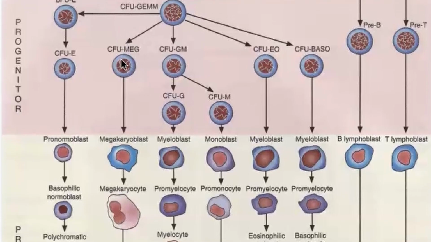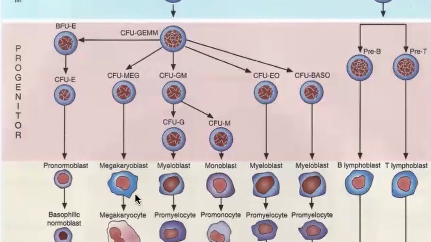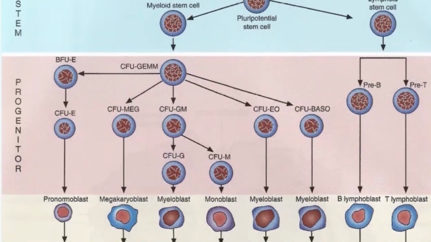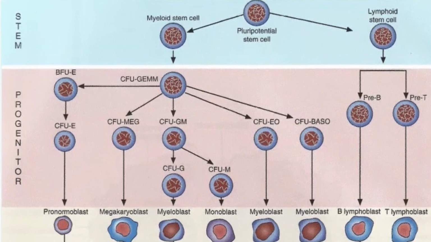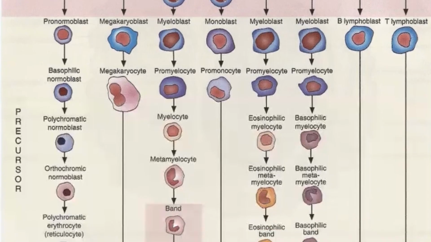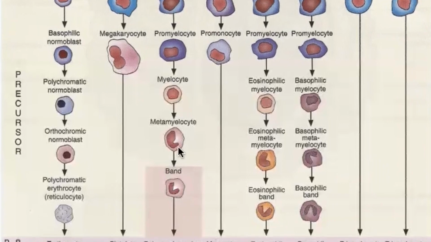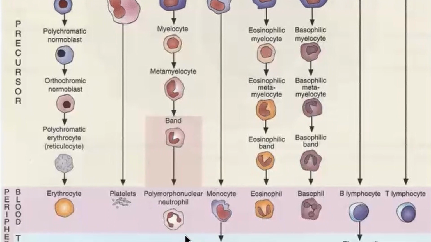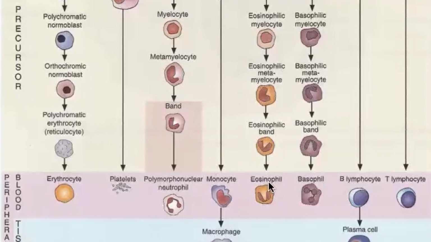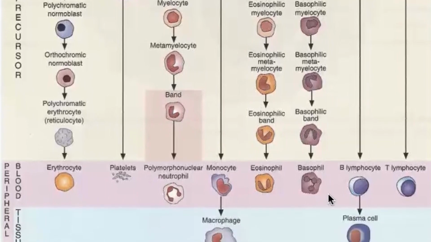For the polymorphonuclear neutrophil, the promyelocyte, the myelocyte, metamyelocyte gave rise to the band. Remember, I was showing you that image with the band, and I said that was a neutrophil. That's just an immature stage. That gives rise to the polymorphonuclear neutrophil. And you can go through the diagram to see the eosinophil, the basophil.